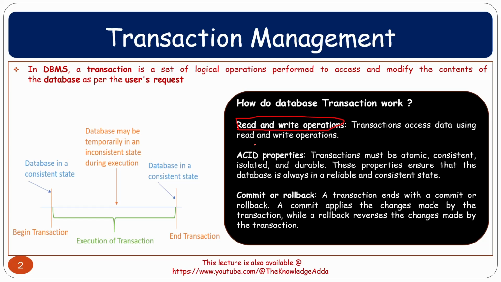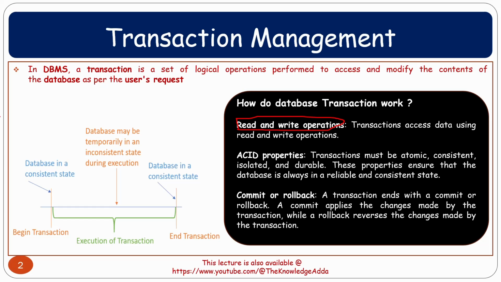These properties ensure that the database is always in a reliable and consistent state. And the third one is commit or rollback. A transaction ends with a commit or rollback. A commit means your transaction has completed, and rollback means your transaction has failed, and rollback reverses the changes made by the transaction.